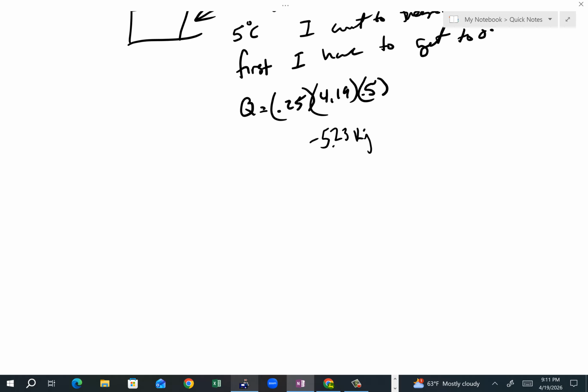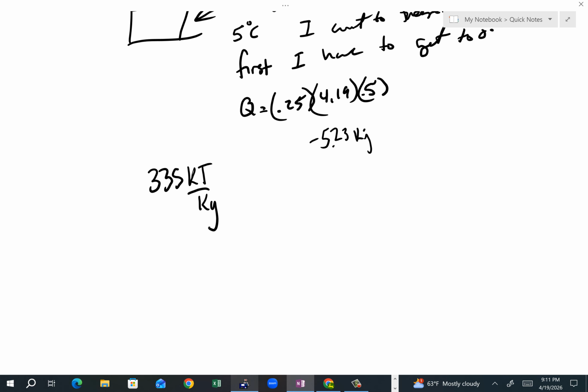And so the latent heat of fusion for water is 335 kilojoules per kilogram. Now notice, it is not per degree Celsius because it does not change temperature. It goes from 0 degree water to 0 degree ice.